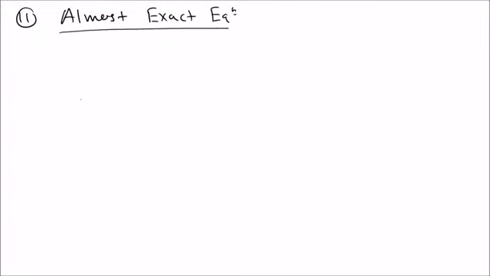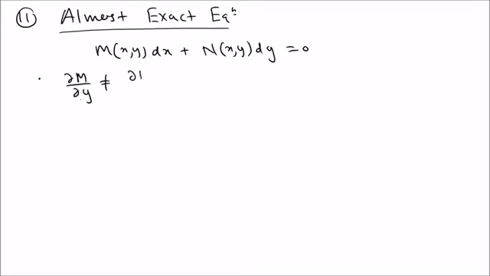If you look at the standard form of the equation, M(x,y) dx plus N(x,y) dy equals 0, what can happen is that when you take the partial derivative of M with respect to y, it does not equal the partial derivative of N with respect to x. So in this case, you can see that the equation is not exact. So what we're going to do is use the integrating factor method.